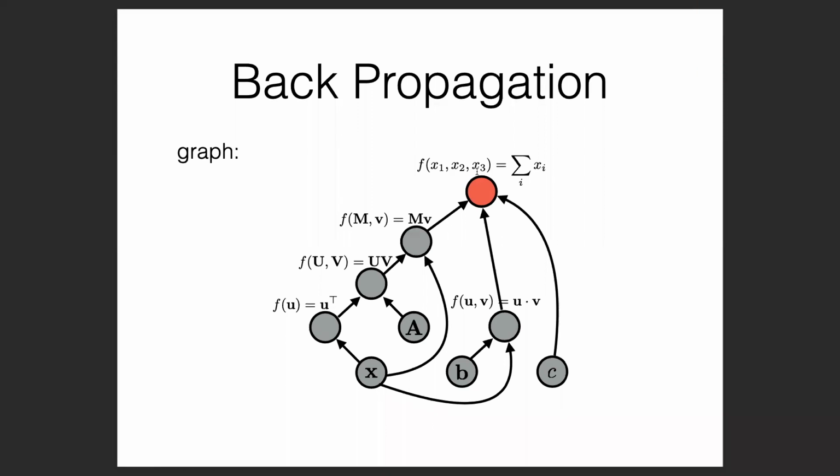Assuming this, the derivative of the last node will be the derivative of L with respect to L, and that's always 1. So we set this to 1. Then we recursively run the backward function, which calculates the value of all of these based on the following values.